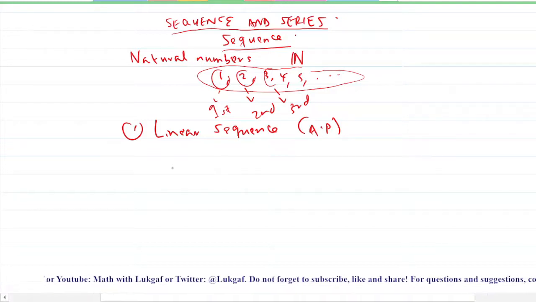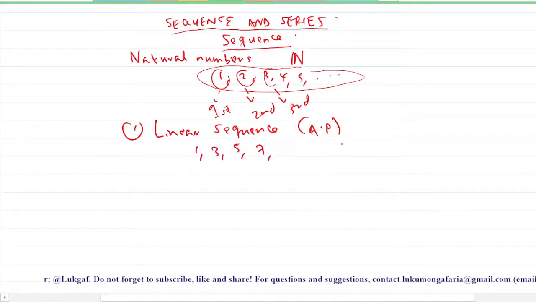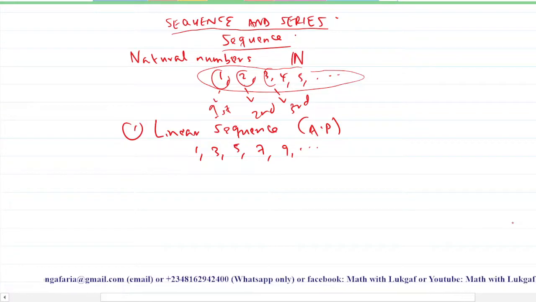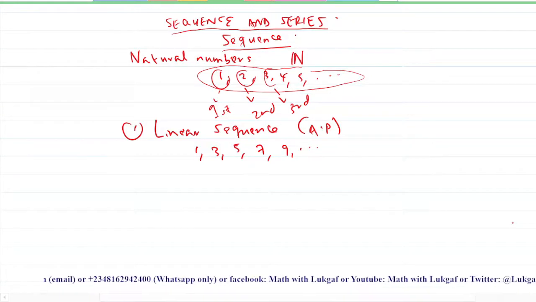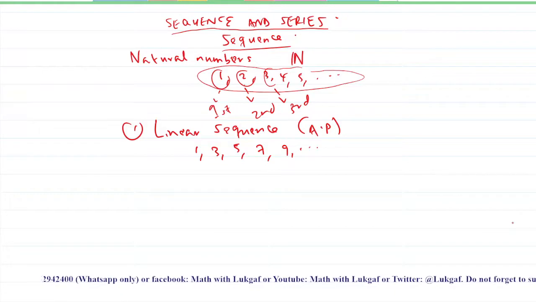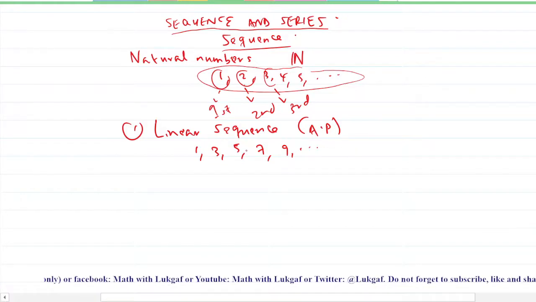Let's say, for example, I have this type of number: 1, 3, 5, 7, 9, and so on. You will see that this type of number is an odd number, right? And it is a sequence because it follows a pattern, and the pattern is adding 2 to the first term, which is 1.